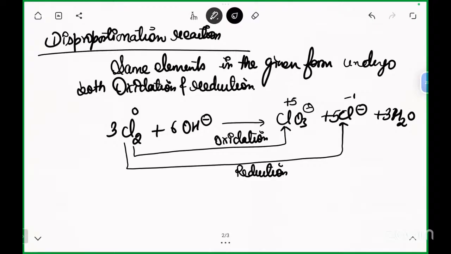One more important topic is the comproportionation reaction.